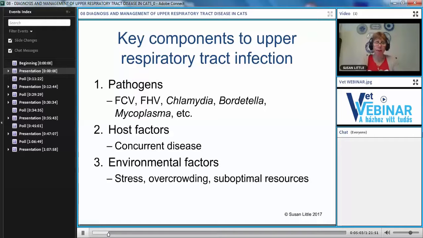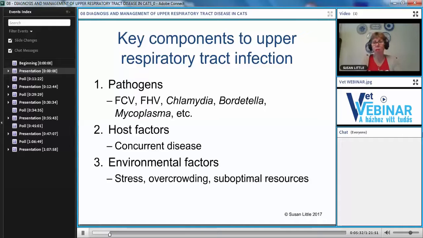So these cats may not have as good an immune response as they might otherwise. And of course, there's often a variety of infectious diseases and other diseases in environments like that, and maybe even nutritional status isn't as adequate as it should be. So these are some of the factors that we have to consider when we're looking at these topics, particularly for upper respiratory tract infections.